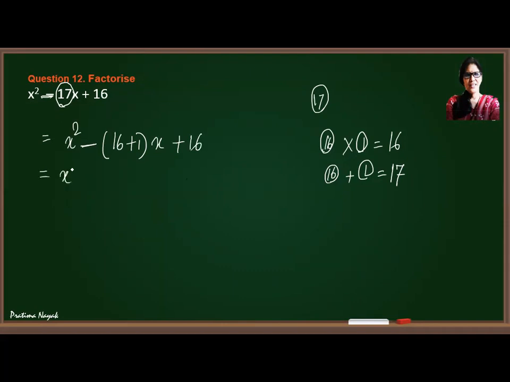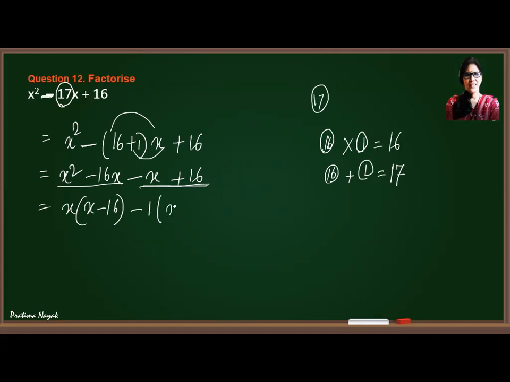Next, go on simplifying. So this will be minus 16 into x, and this will be minus 1 into x plus 16. From the first two, I'll take x common. What will be left? X minus 16. From these two, what is common? Nothing is common? Yes, 1 is common. When nothing is there, 1 comes to the rescue.